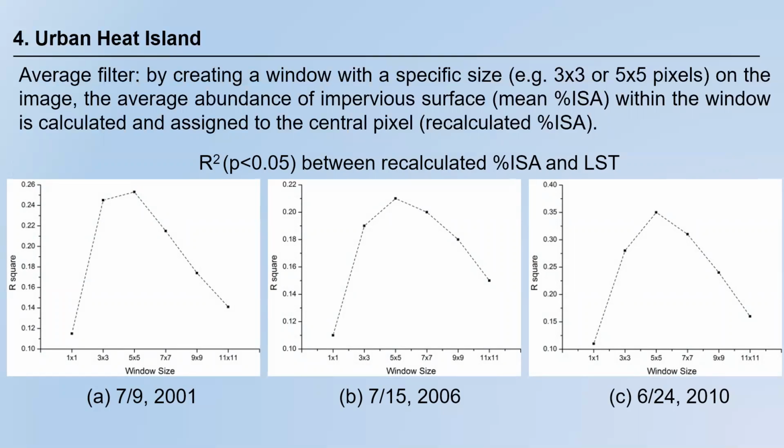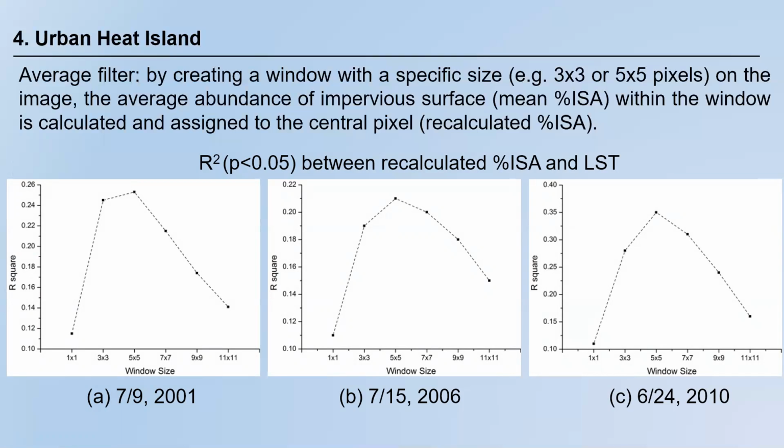If the size of the window increases to 5 by 5, even 7 by 7, 9 by 9, 11 by 11, it means that for each pixel, the definition of its surrounding environment increased a lot, from 3 by 3 pixels to even 11 by 11 pixels.